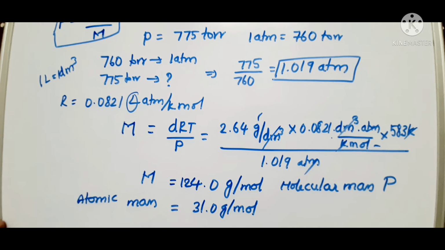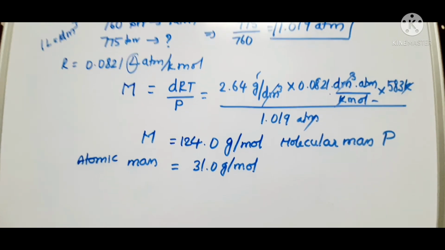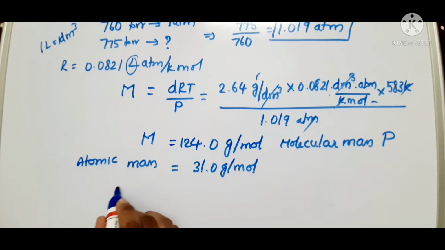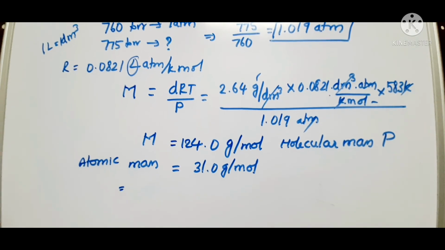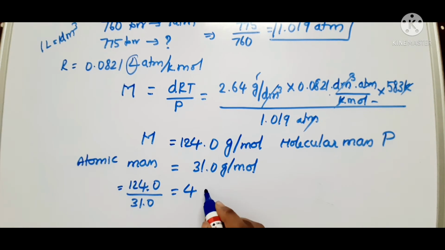Okay, 31 gram per mole. If you divide molecular mass by atomic mass, 124.0 divided by 31.0, you will get 4. That means the number of atoms in the given molecule.